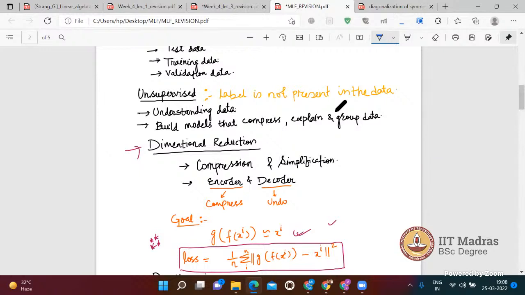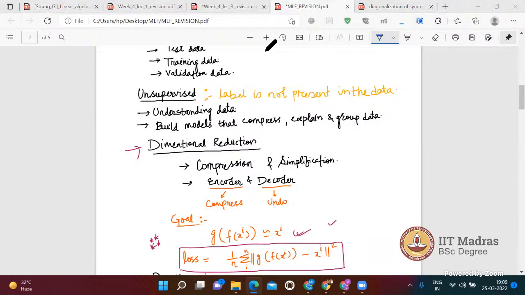Like for the Alzheimer patients I told you about, if we don't have the labels, for example if I'm having the MRI for 1,000 people and we have taken some inputs from the MRI, but we are not aware of the final result, whether this person is normal, or in the first stage or the second stage of Alzheimer's. If the labels are not present, then we can say this is unsupervised learning, and we have to use some sort of unsupervised learning.